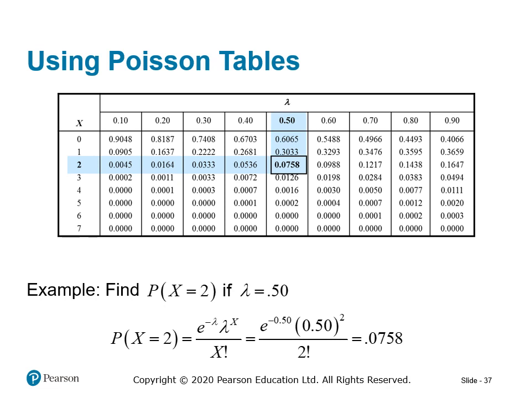For instance, here, if I want to find the probability that x equals 2, and the probability of a success, or lambda, is 0.5, so I look for lambda, 0.5, and I want to know what the probability of x equaling 2 is. And here, the table gives me 0.07858. We can do it with the table, or we can do it with the formula that Poisson gave.